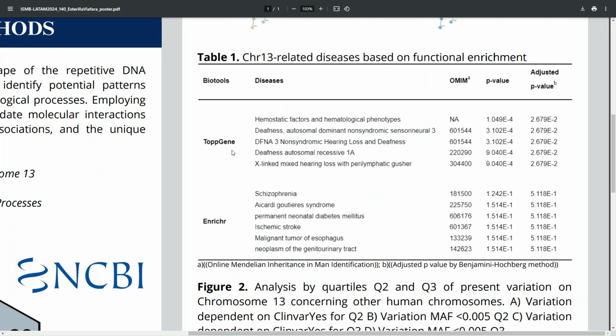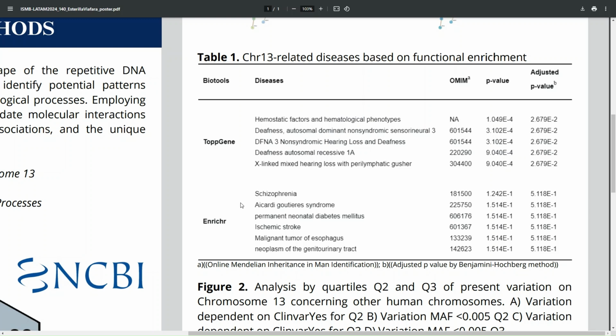TopGene identified statistically significant associations for some phenotypes or diseases, while Enrich didn't find significant associations. This discrepancy highlights a lack of consensus on chromosome 13 disease associations, emphasizing the need for further research.